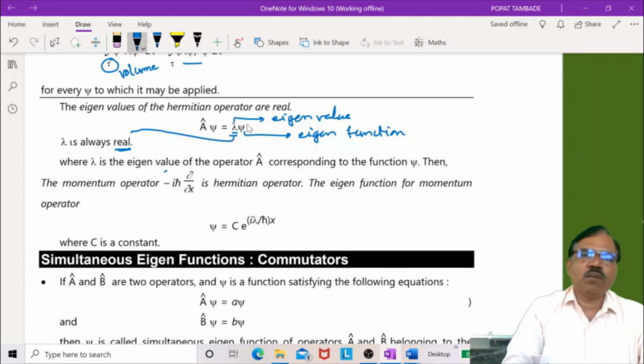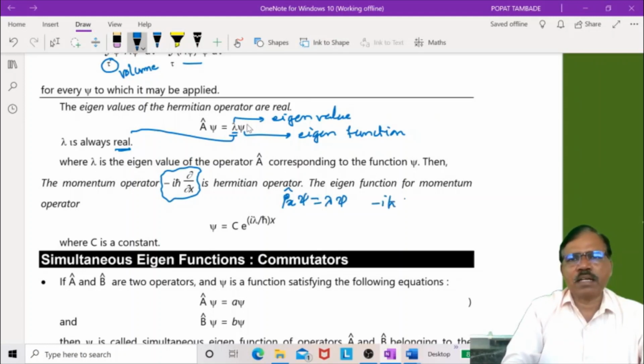We have one basic operator in quantum mechanics, that is minus i h bar del by del x. This is the momentum operator along the x-axis. This operator is a Hermitian operator. And if we operate this operator Px on psi, we get lambda psi, that is minus i h bar del by del x of psi is equal to lambda psi.